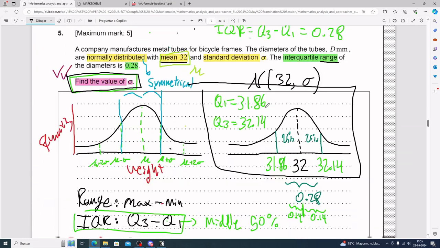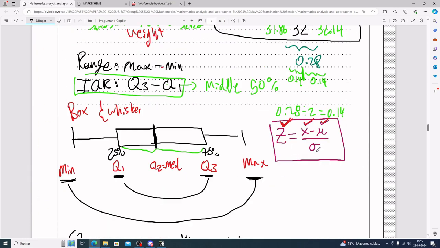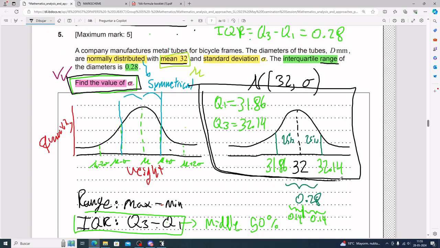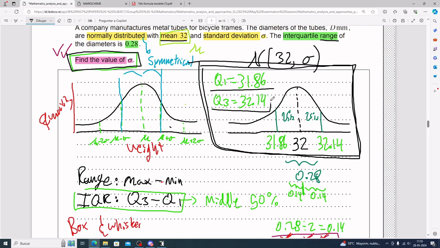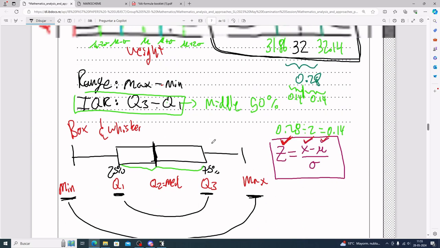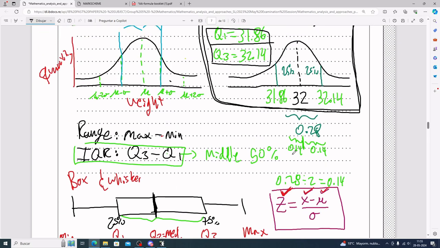And so the z value that you're going to use is exactly this. Before we plug in over here, let's make a quick review because it's very important that we understand the concepts. See? First, we started off by saying, okay, here's my normal distribution. This is what I know about it. You found Q1 and Q3 by using quick maths, Q3 minus Q1, you do 0.14 to the left, 0.14 to the right.